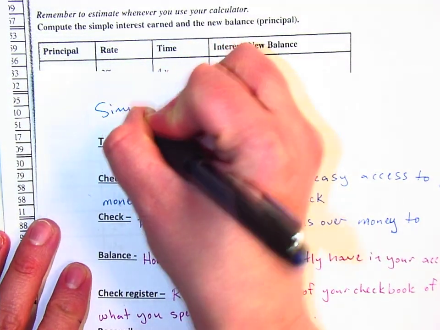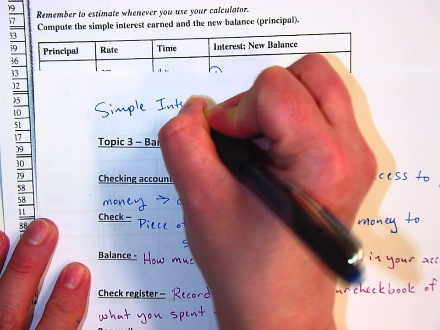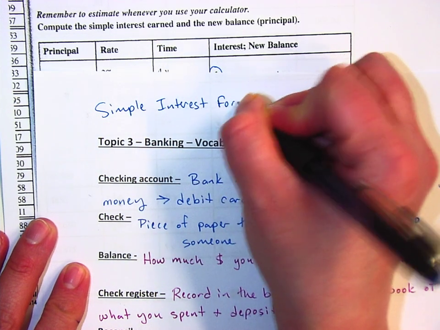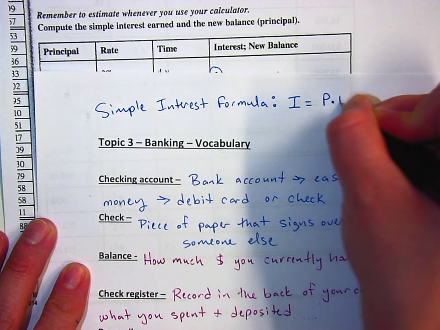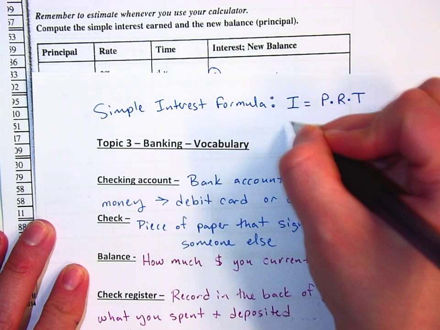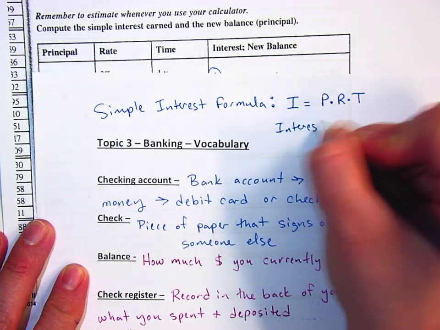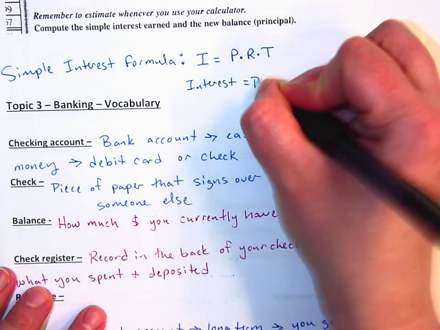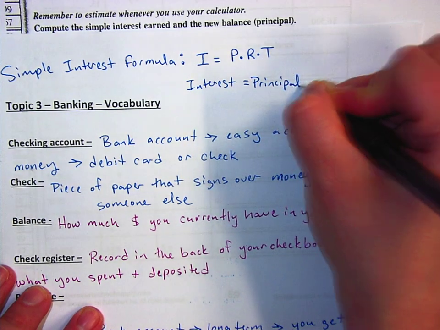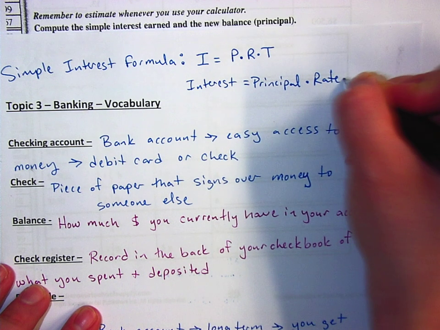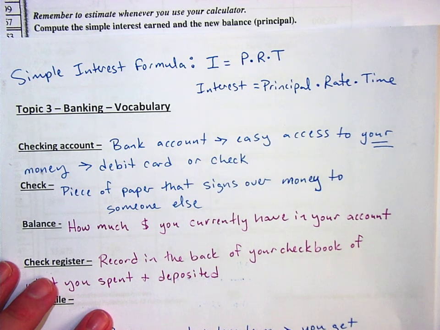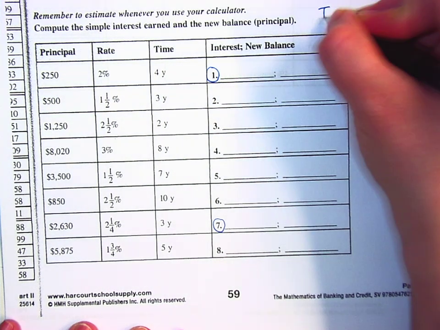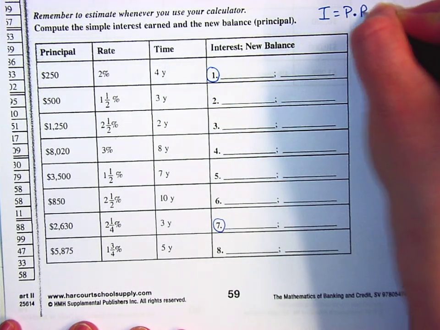The simple interest formula is I equals P times R times T, which means interest equals principal times rate times time. Remember, you can pause at any time here. Interest equals principal times rate times time. And I'm going to write that up here too. I equals P times R times T.